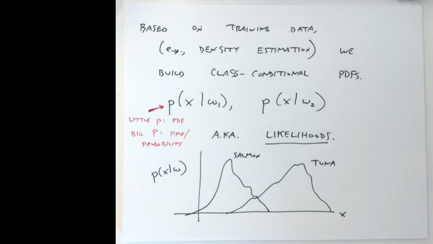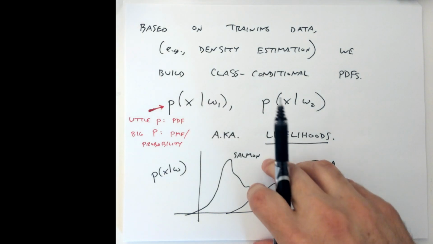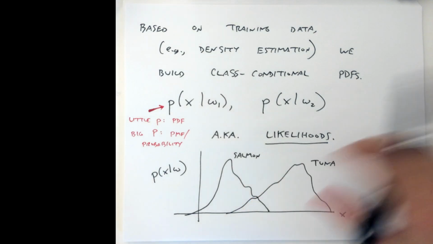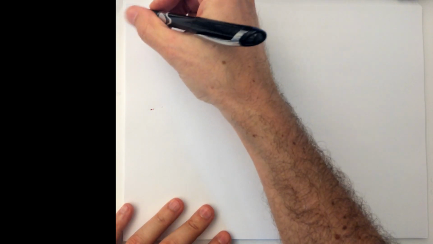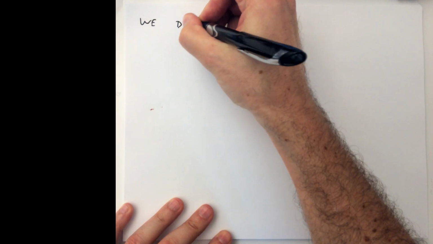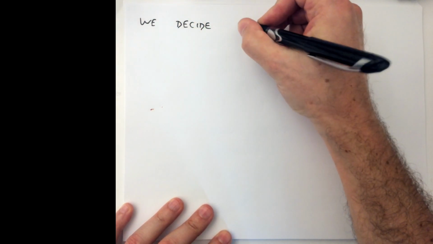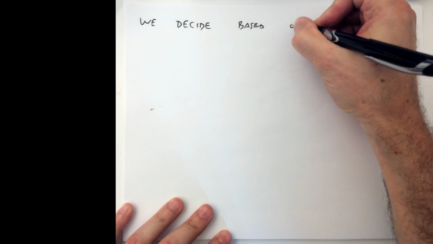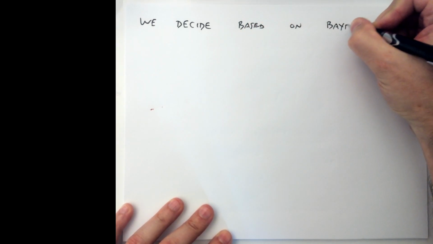Well, this is what we call Bayes' rule, which hopefully is one of the first things that you learn in a probability class. So how do we make the right decision? We decide based on Bayes' rule.